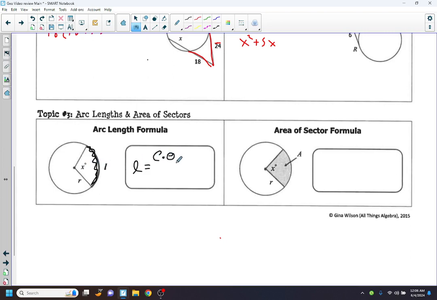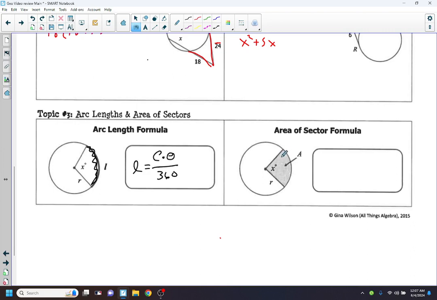I like theta, so I'm going to write theta instead of x degrees. So the circumference times theta over 360. The reason we do it over 360 is because 360 is a full circle. So the arc length is the circumference times theta over 360.